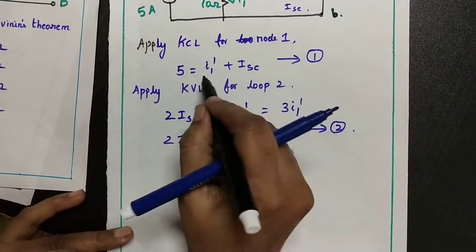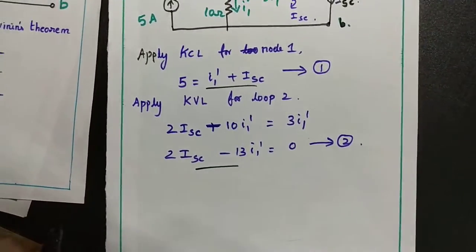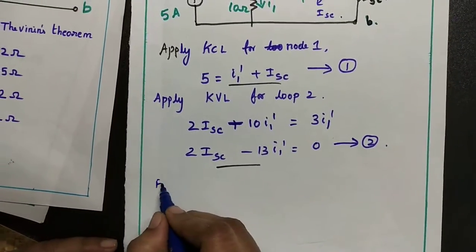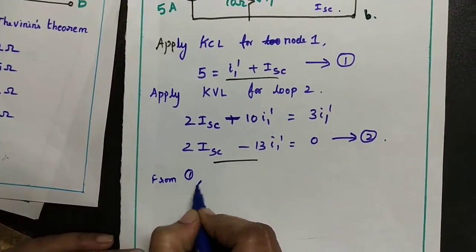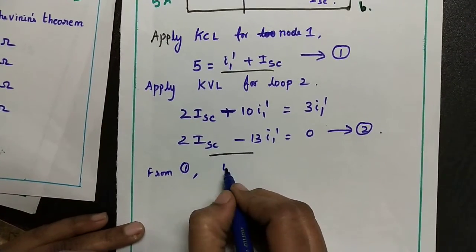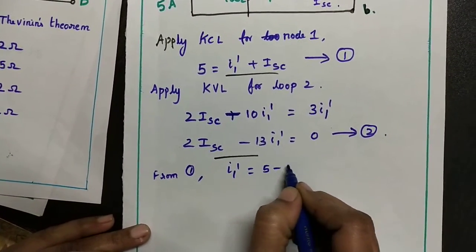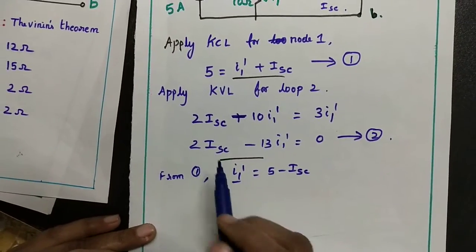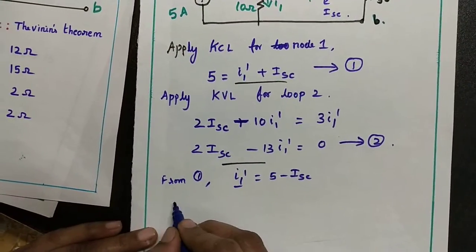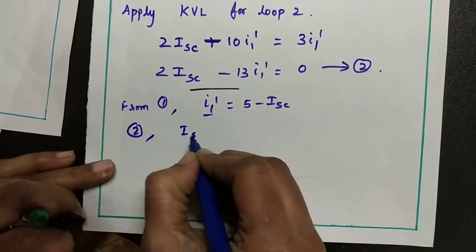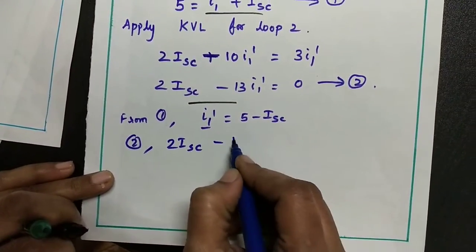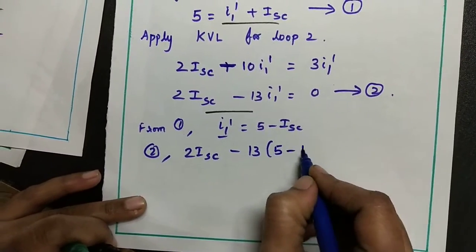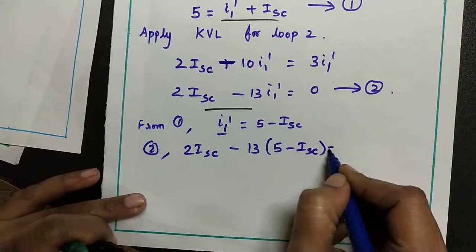So we are considering these two equations to find ISC. Now we are eliminating this I1 dash. From the first equation, I1 dash equal to 5 minus ISC. We substitute this in the second equation. So 2 ISC minus 13 into (5 minus ISC) equal to 0.